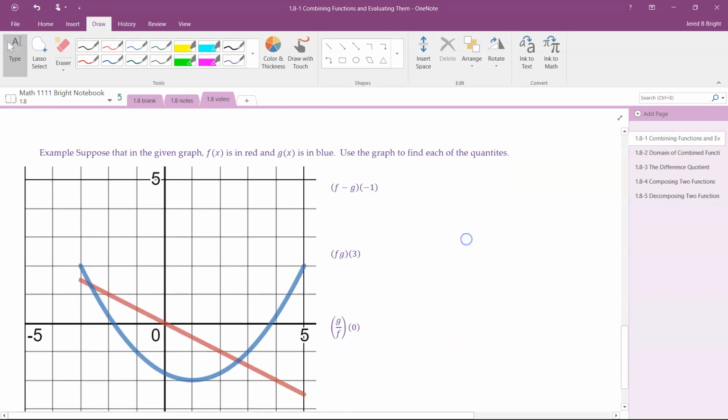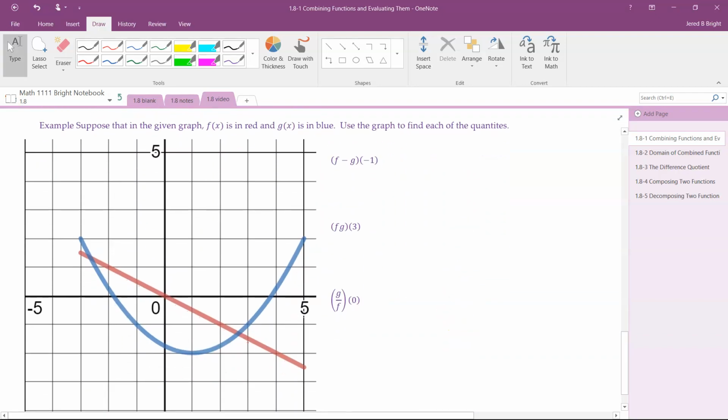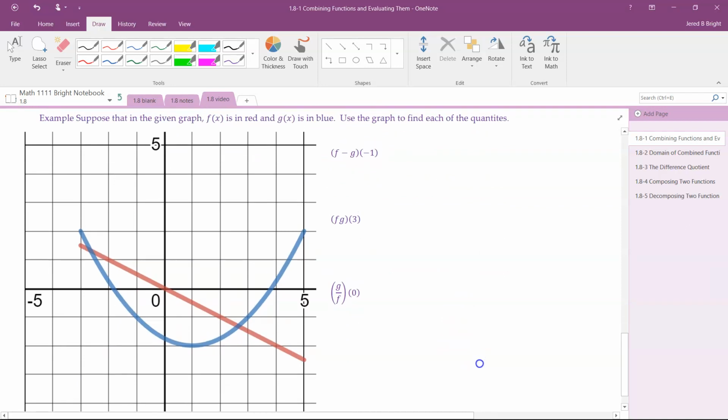Another way to look at function combination is through a graph. Now this one looks a little weird, but it says f is given in red, so I'm just going to make this note so I can see it later, and g is in blue, and I want to find each one of these. Well, this is f(-1) minus g(-1). So I need to look at -1 here.